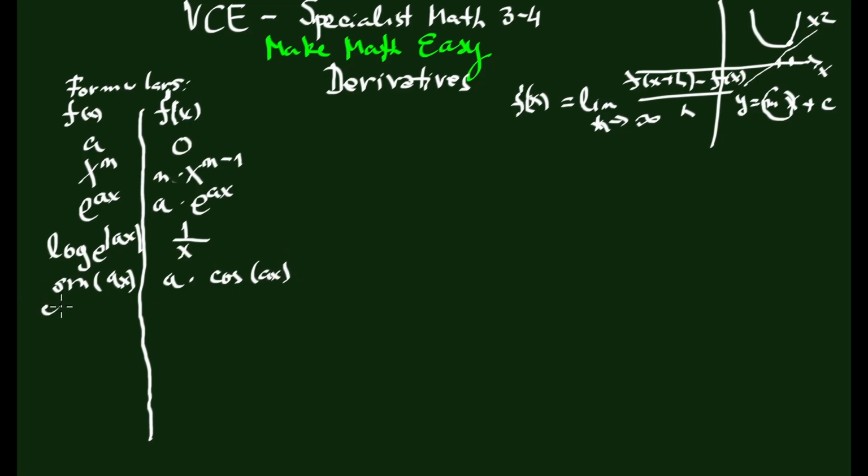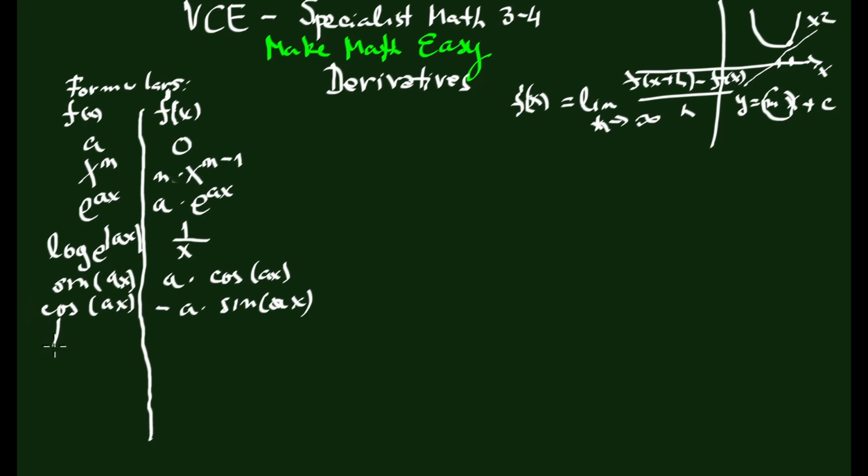Now the derivative of cosine of ax is minus a times sine of ax. It's easy to remember: sine is the first function that you learned, then cosine is the second. So the derivative of sine is cosine, and the derivative of cosine is sine, just with that minus in front. The first one is with the plus, plus is always first, you learn addition first. That's the way to remember it.